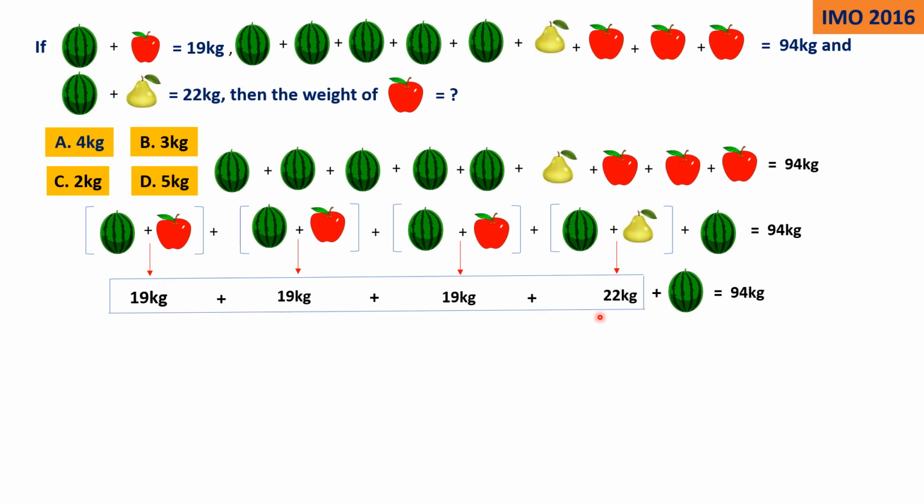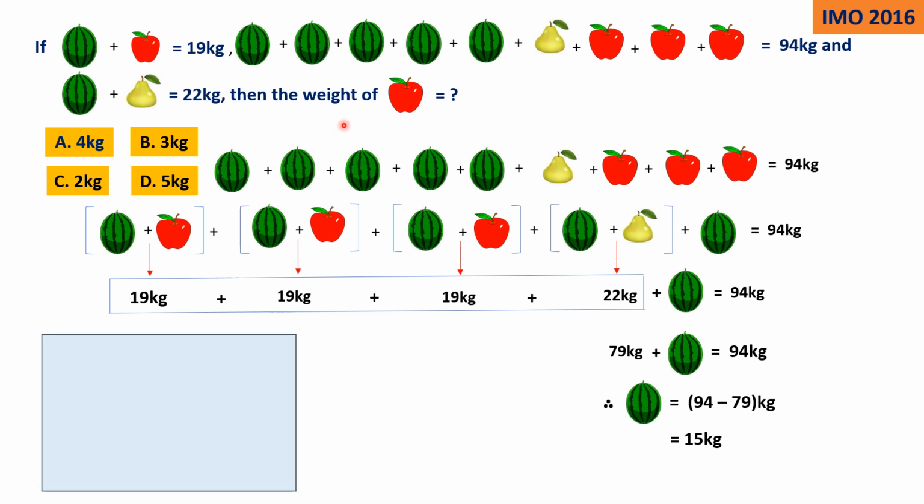Let's add this together. 19 kg plus 19 kg plus 19 kg plus 22 kg is 79 kg plus watermelon is equal to 94 kg. Therefore, watermelon is equal to 94 kg minus 79 kg, that is 15 kg.